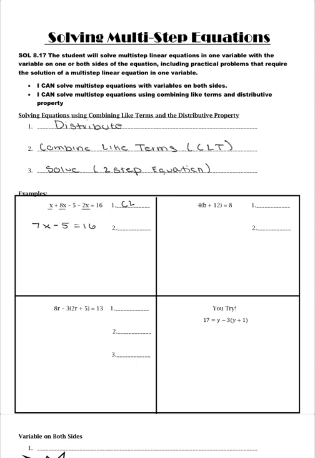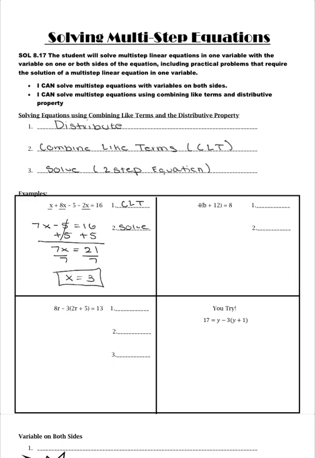So my first step was to combine like terms. My second step is to solve. Now I'm going to solve my two-step equation by adding 5 to both sides. I get 21 is equal to, I'm going to cancel out my 5s, so 7x is equal to 21. Divide both sides by 7, and x is equal to 3.